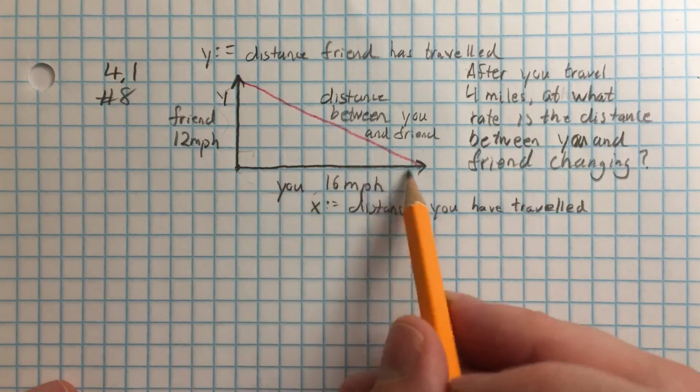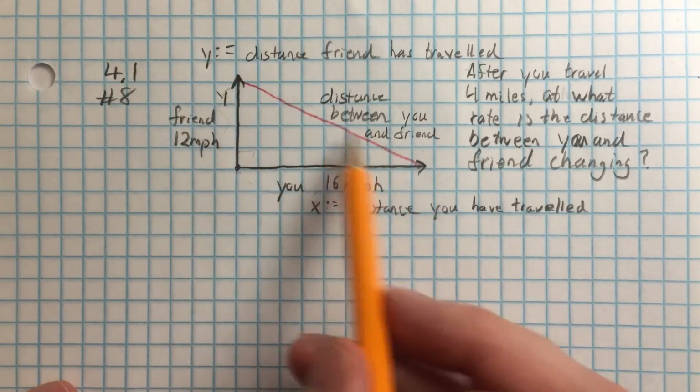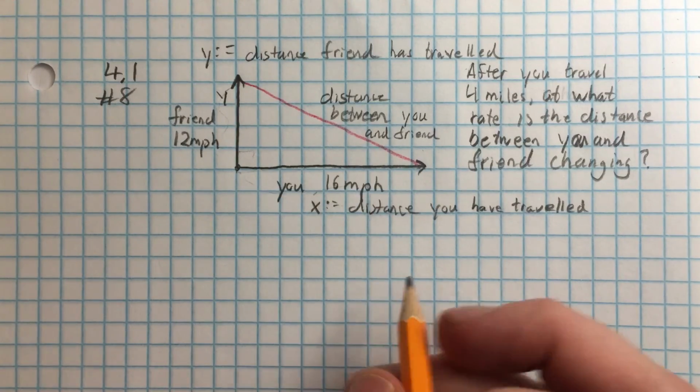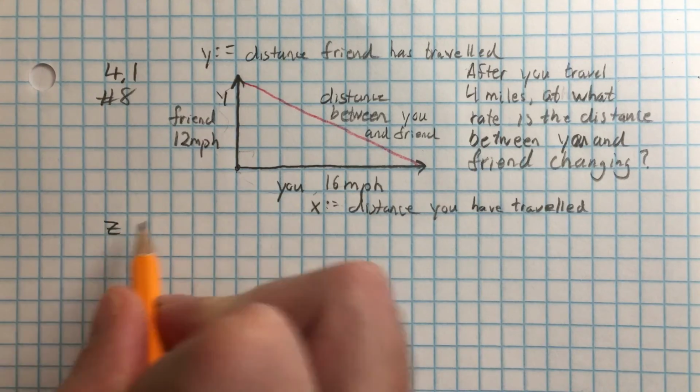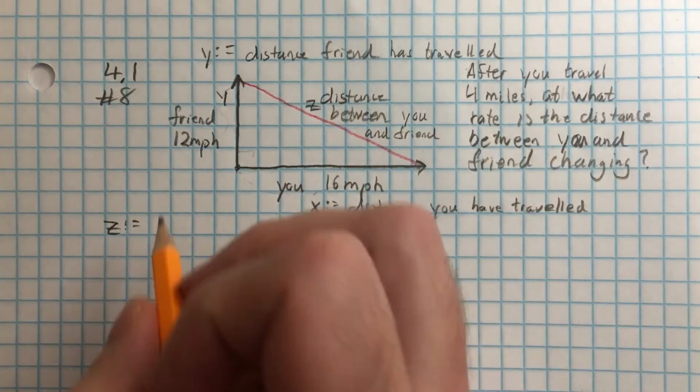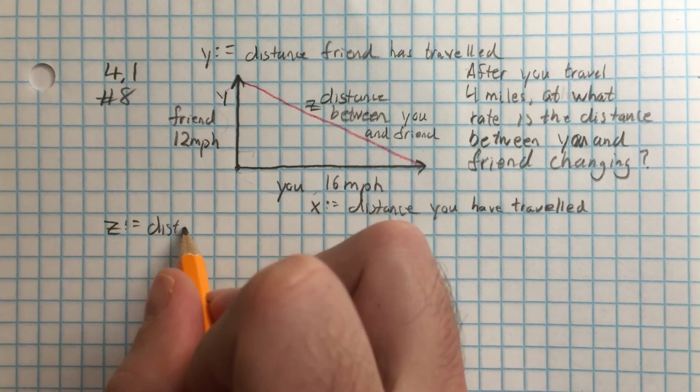Okay, so there we have a couple of variables to work with now. So if x is this distance and y is this distance, I might as well call this one z, right? The distance between you and friend. So we'll define z down here. The red line, z is the distance between you and friend.